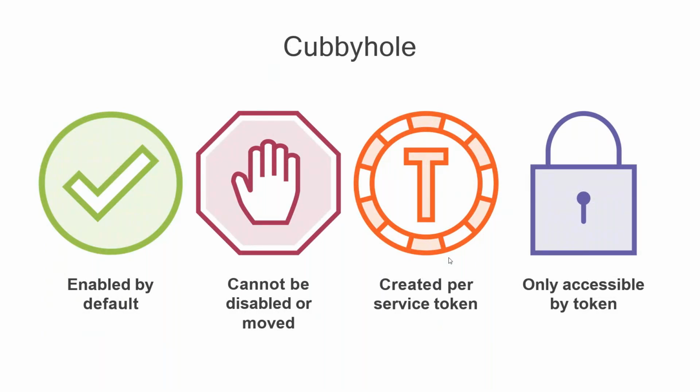Again, this also cannot be disabled or removed, and it is created per service token and only accessible by that token. If you remember, when we initially started Vault, the authentication method there was token based. Cubbyhole is used for all the per-service tokens and is only accessible by the token.